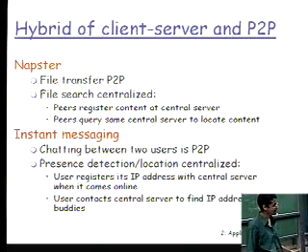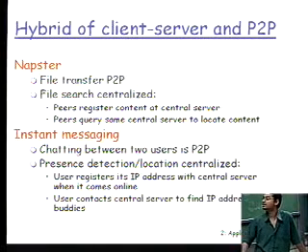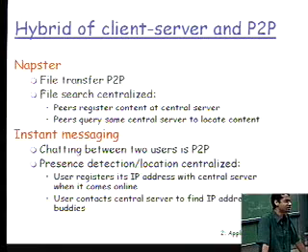Instant messaging, again, chatting occurs between two clients, and that is the peer-to-peer model. But the directory and the discovery naming service is offered by a centralized server, where you register your screen name.